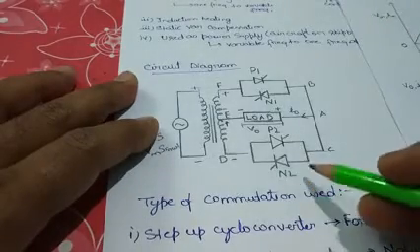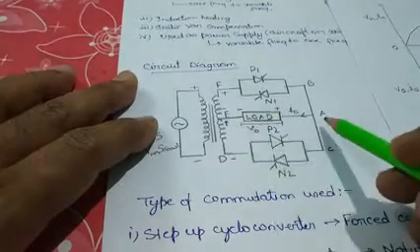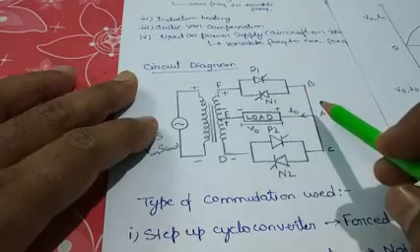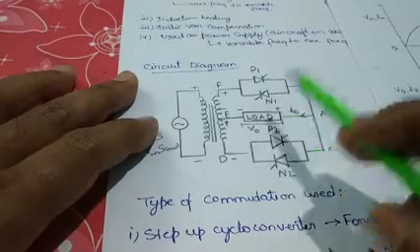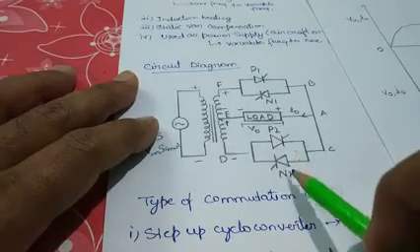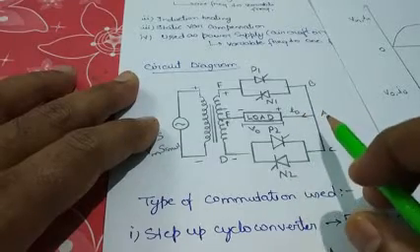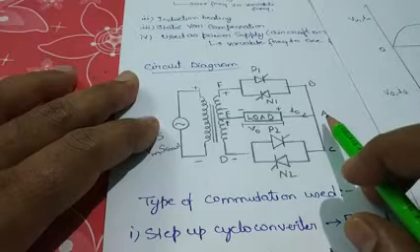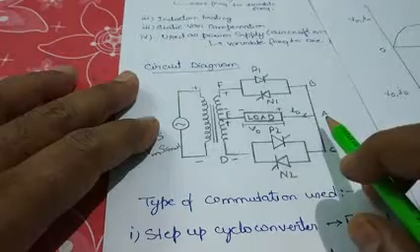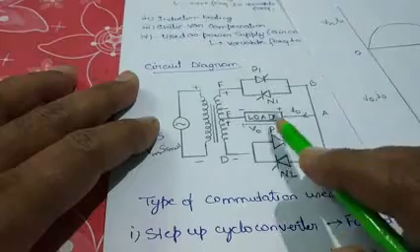N2 can also be triggered, but if you trigger N2, the current will flow from E to A. I have taken A to E as positive, but you can also take E to A as positive, in which case you will trigger N2. There is no problem with that. For understanding, we assume that when the current flows from A to E, it is positive, and when it flows from E to A, it is negative.